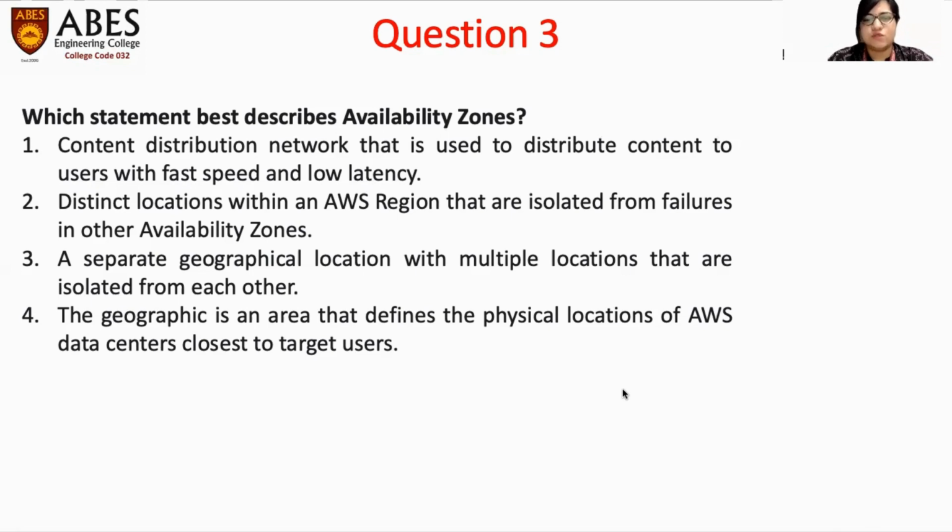If one availability zone experiences an outage, the resources in other availability zones continue to function. It ensures that your applications remain available and resilient. So here, the correct answer is the second one, that is, distinct locations within an AWS region that are isolated from failures in other availability zones. All right, let's move further.